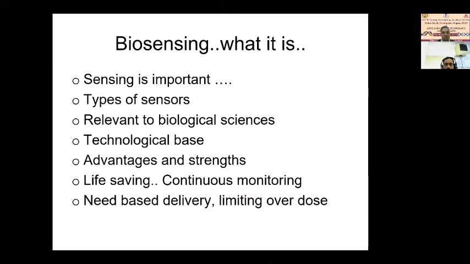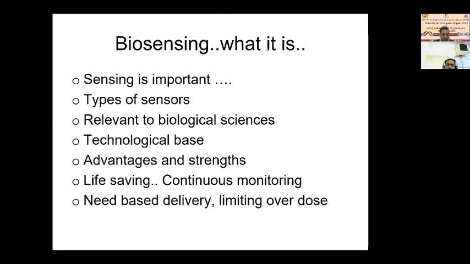I'll move on. Now the question comes to mind: why has the sensor become so important in our daily life, and why are we talking about the sensor as a research topic?